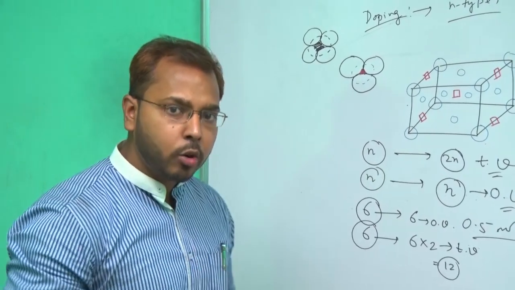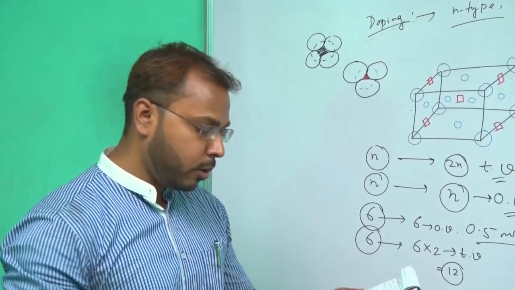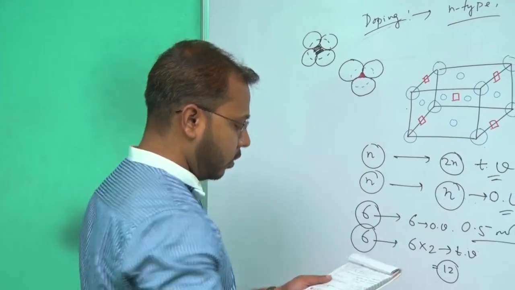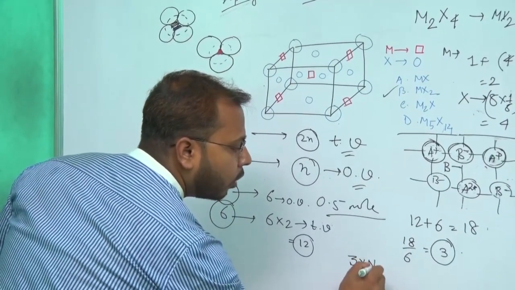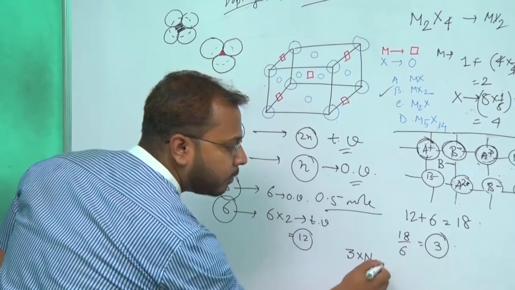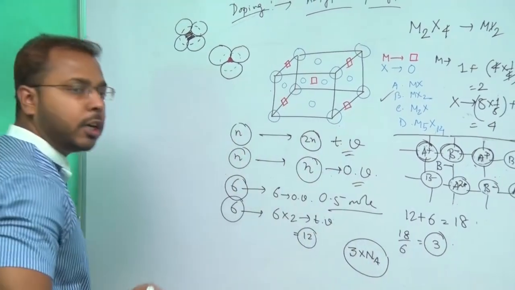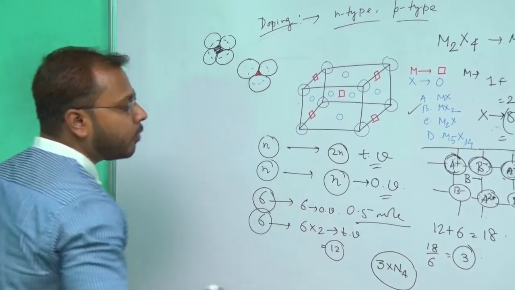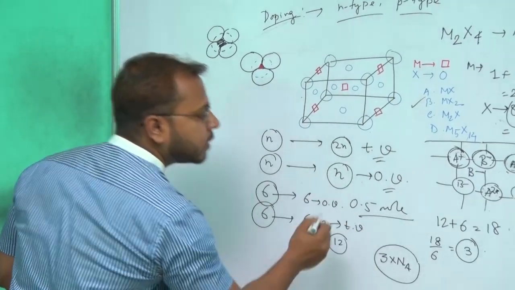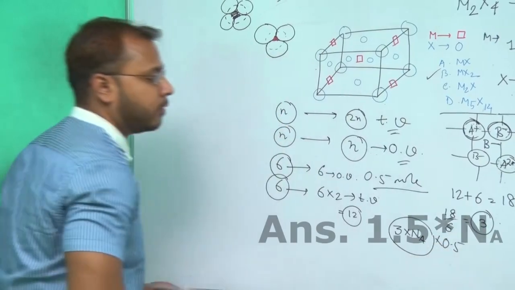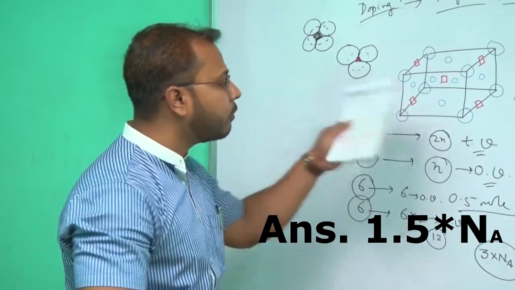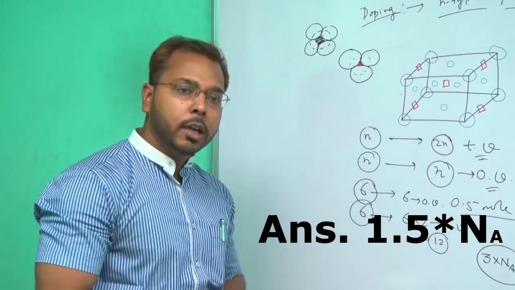Avogadro number. 1 mole compound contains Avogadro number of atoms. So the total number of voids in 1 mole would be 3 multiplied by N. And if this is for 1 mole, then 0.5 mole will be how much? Just multiply by 0.5. So this is the concept of voids and the numerical portion.